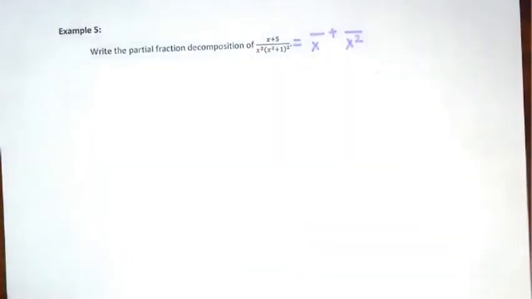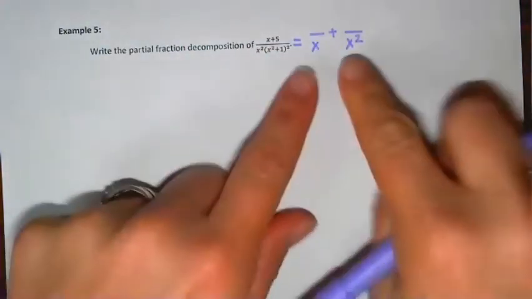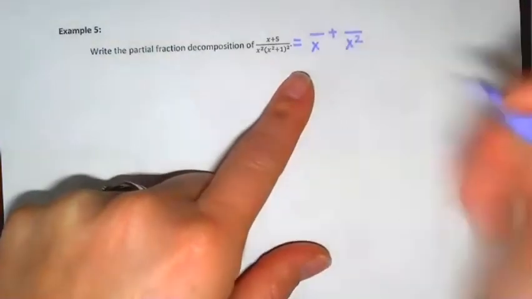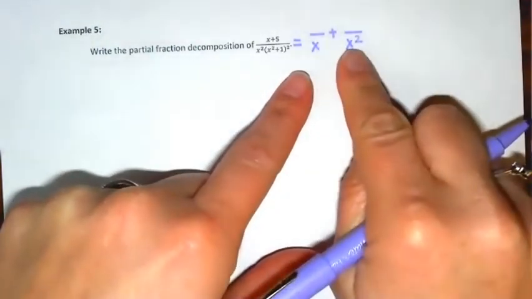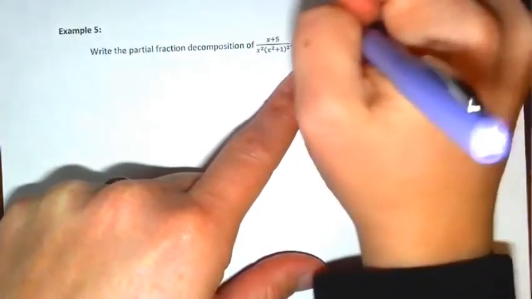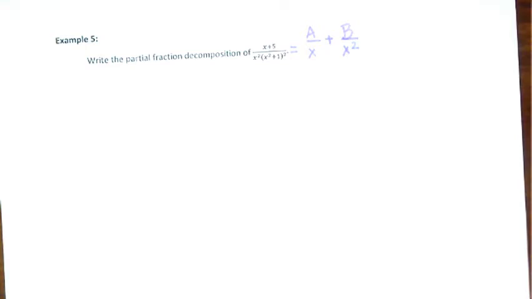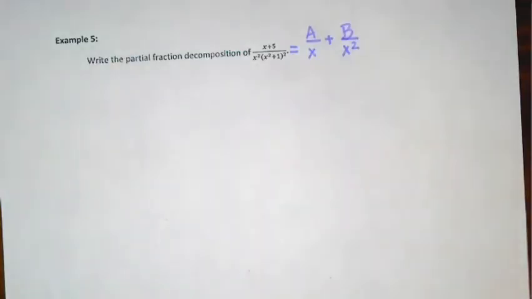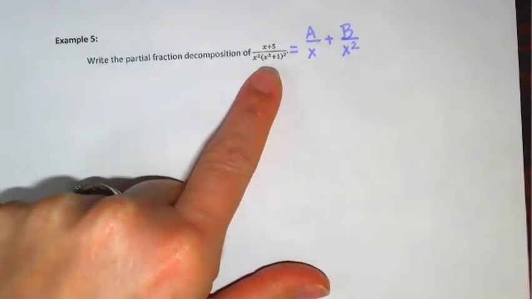Right. All right. Now we look at this, yes, this is x squared, but if I put that in parentheses, that's still technically linear, right? Okay, so this would just be a and b here, okay? Because we're looking at it as x times x. So they're linear in a sense of individualized, okay? Now we have this x squared plus 1, okay?